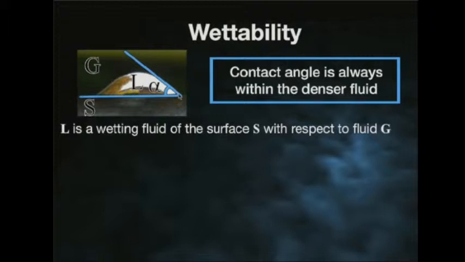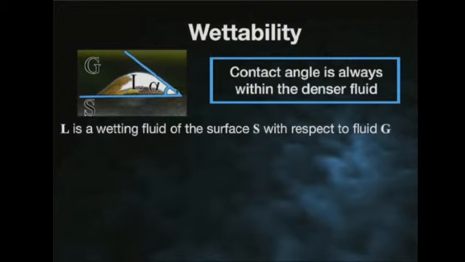Get from the very corner here, and you see the tangent, we have the angle alpha, the angle that the droplet forms. So we have this fluid here, which is a gas, G. We have this fluid here, which is a liquid, L. And we have the surface, S, here. We have three different materials in contact with each other. And this is called the contact angle.